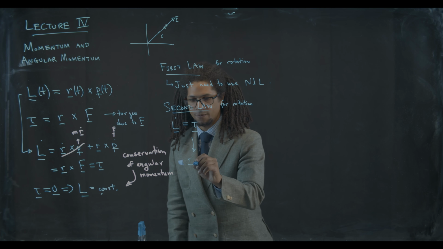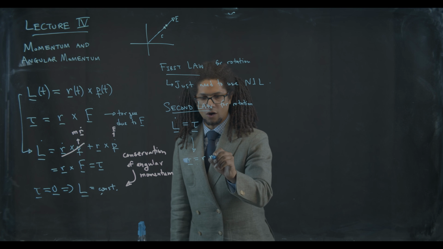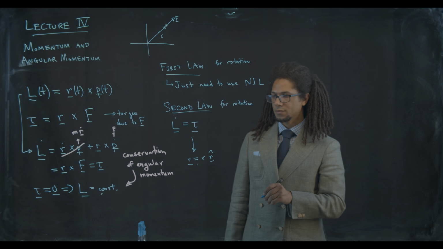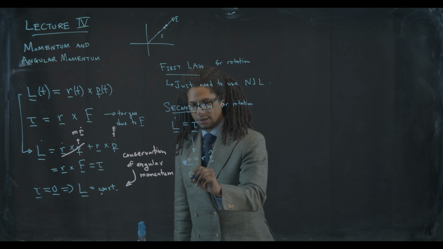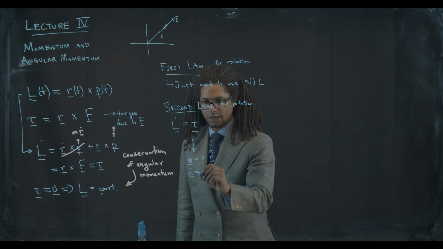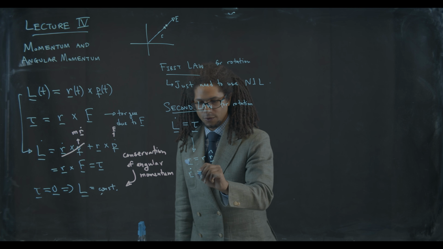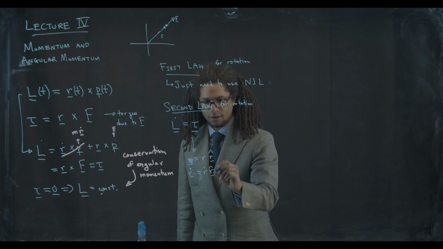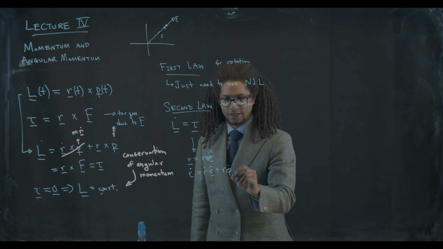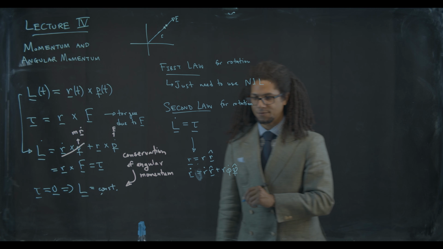So we get r is equal to r r hat. And r dot is equal to, well, we worked that out too. It's going to be r dot r hat plus r phi dot phi hat.